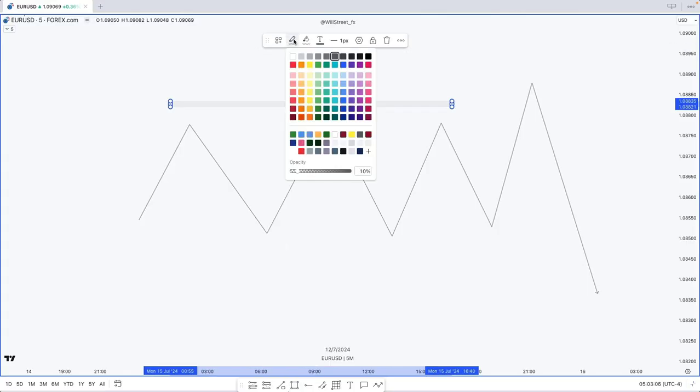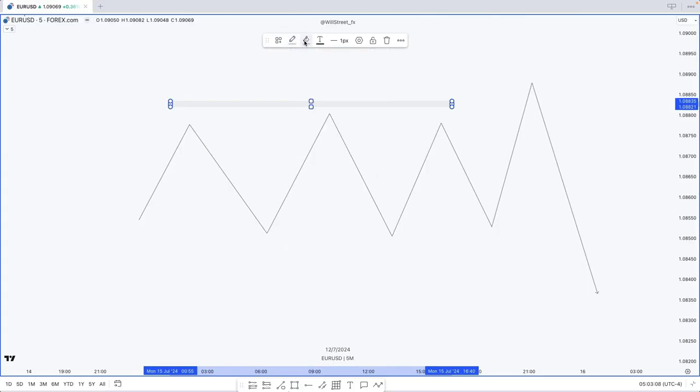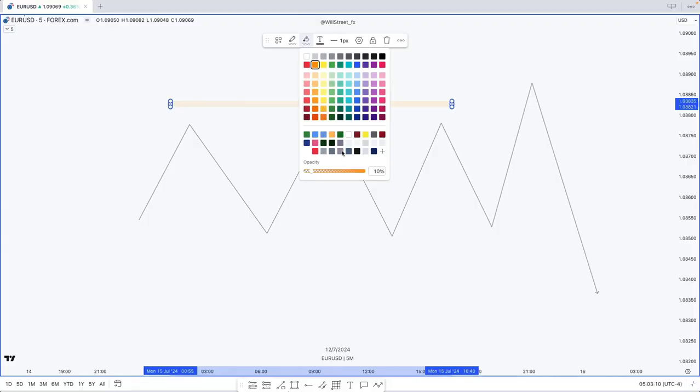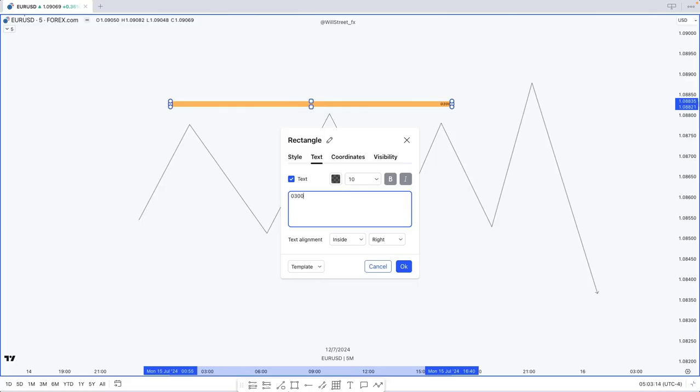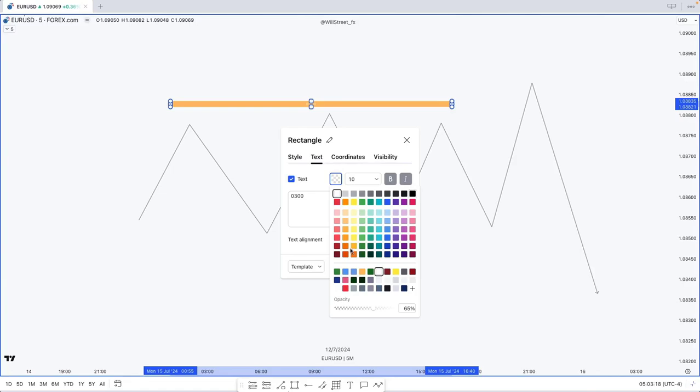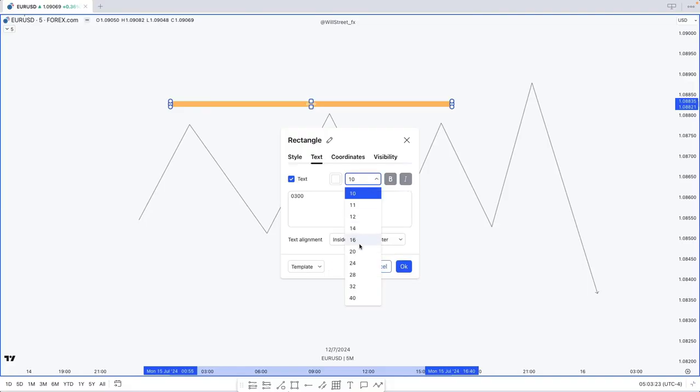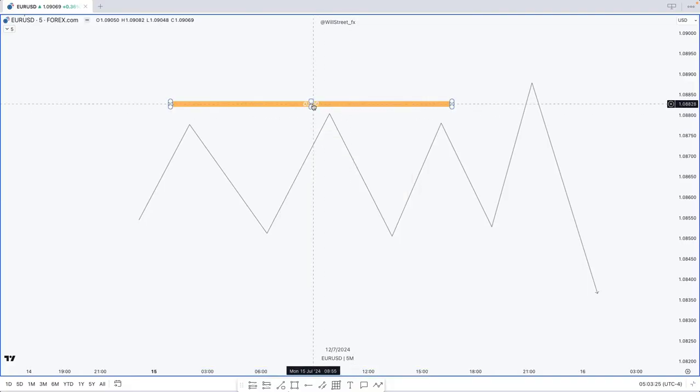Imagine this is the 3 a.m. candle, and we want to sell.